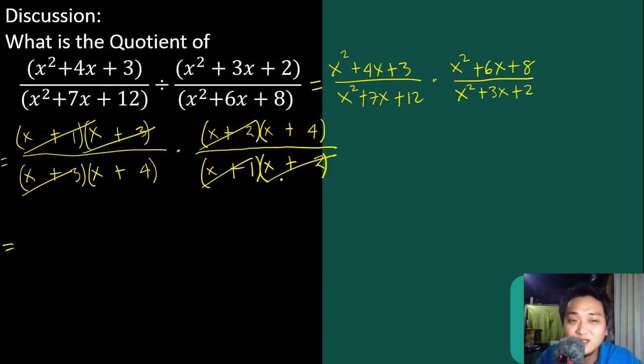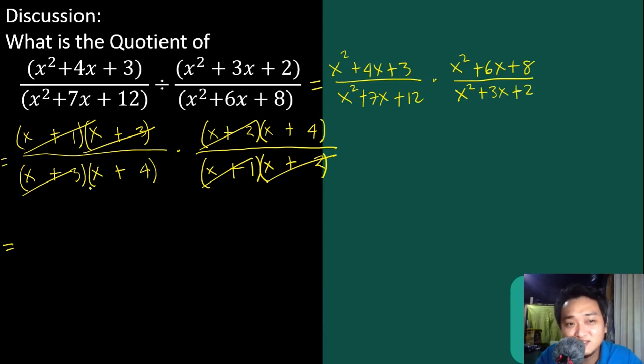Take note ha, ang kinakancel po natin sa numerator at saka sa denominator. Hindi tayo pwedeng mag-cancel na pareho silang nasa denominator or pareho silang nasa numerator. Hindi. Ang kinakancel po natin, just like what I taught you when we are studying simplifying rational algebraic expression, ang kinakancel natin from the numerator and from the denominator.